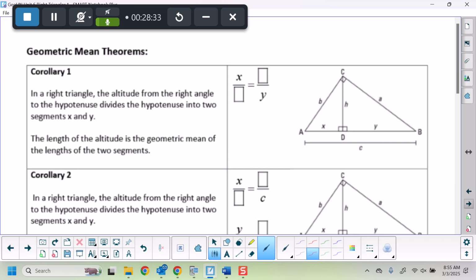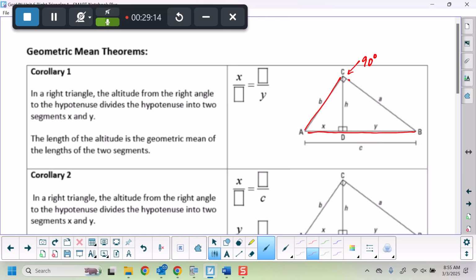Now we have some geometric mean theorems, and we have some corollaries that go like this. In a right triangle, the altitude from the right angle to the hypotenuse is going to divide the hypotenuse into two segments, x and y. The length of the altitude is the geometric mean of the lengths of the two segments. So this is what we're talking about here, the altitude from the right angle. So here's our right angle, 90 degrees. And what's important to think about is our original triangle is this original right triangle.